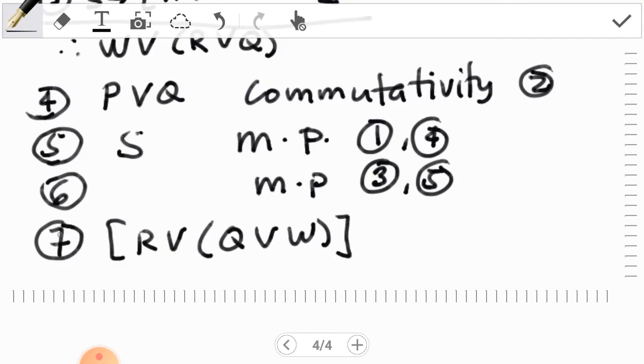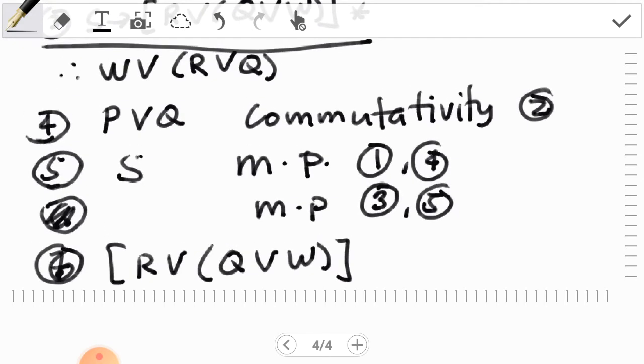Oops, that should be line number 6. Sorry. So we have R or Q or W. What's our conclusion? Our conclusion is W or R or Q.